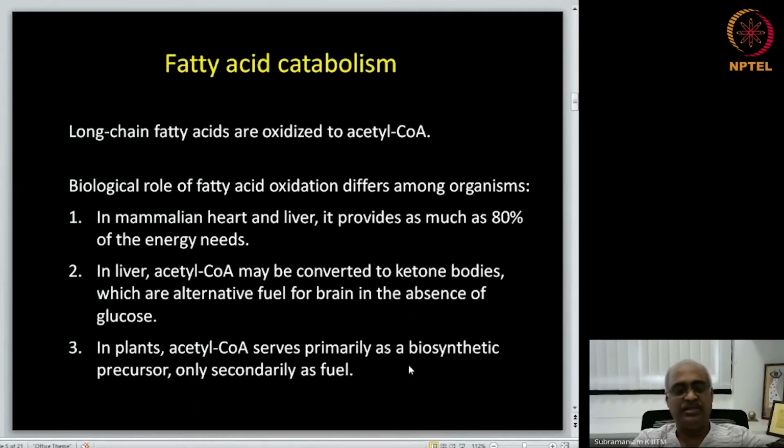Ketone bodies are acetone, acetoacetate, and beta-hydroxybutyrate. We are not going to learn about how they are formed, except that you need to remember these three molecules are produced as a product of fatty acid metabolism.